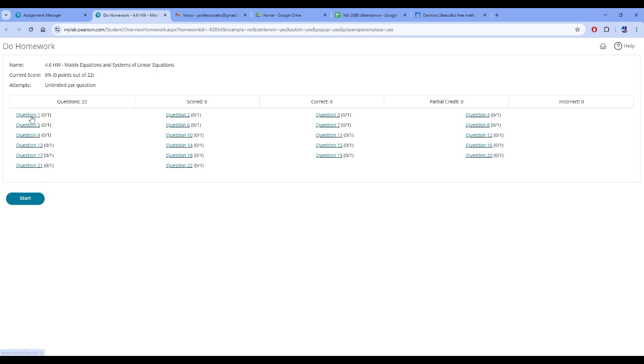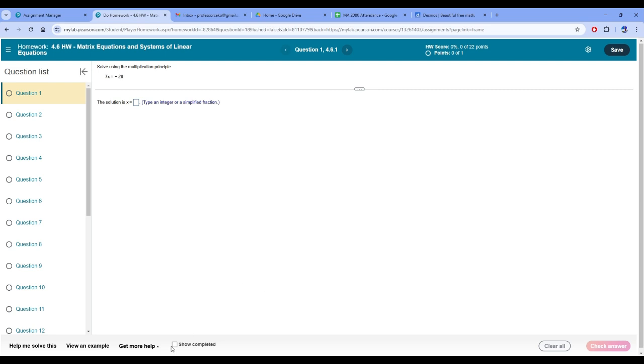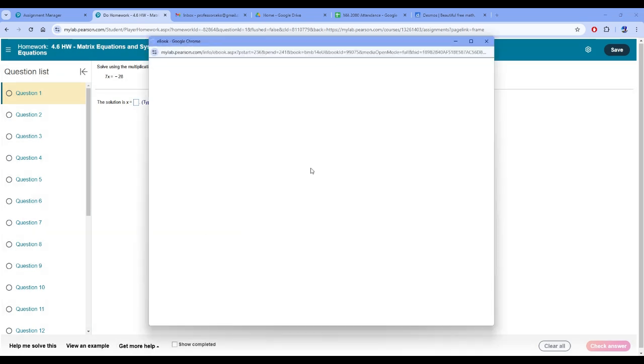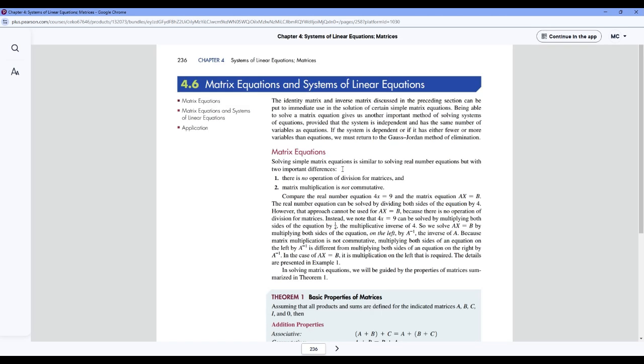All right, 22 questions, not too bad. Let's get started. As always, I'm going to go straight to the textbook just to see what they are expecting me to do. Matrix equations. There is no operation of division for matrices, and matrix multiplication is not commutative.